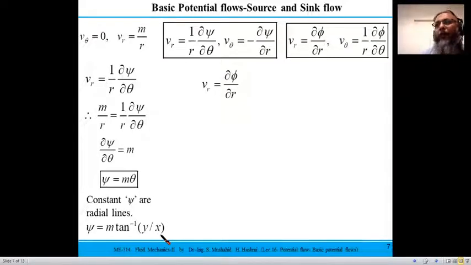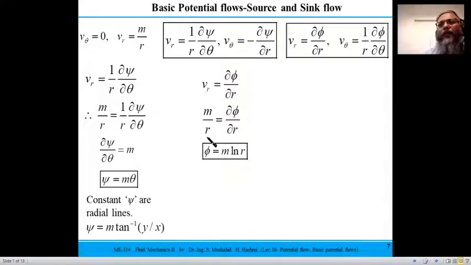Similarly, we can work out the velocity potential function, because Vr is ∂φ/∂r, and we know it is m over r. We know that Vθ is 0, so that is not useful at all. So m over r is the radial component. Here I need to separate the variables, bringing 1 over r, and as the derivative of ln r is 1 over r, the integral of 1 over r would be ln r.